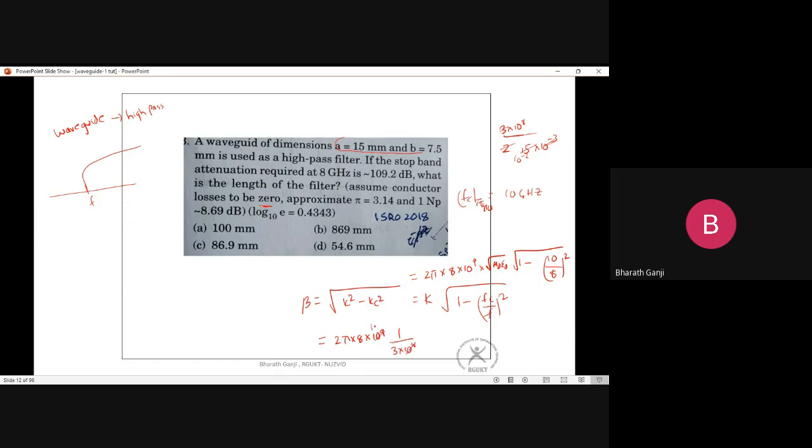So you get 160 pi by 3 times the square root of 1 minus (10 divided by 8) whole squared, you get 0.75 j. Okay, 125.6 j.